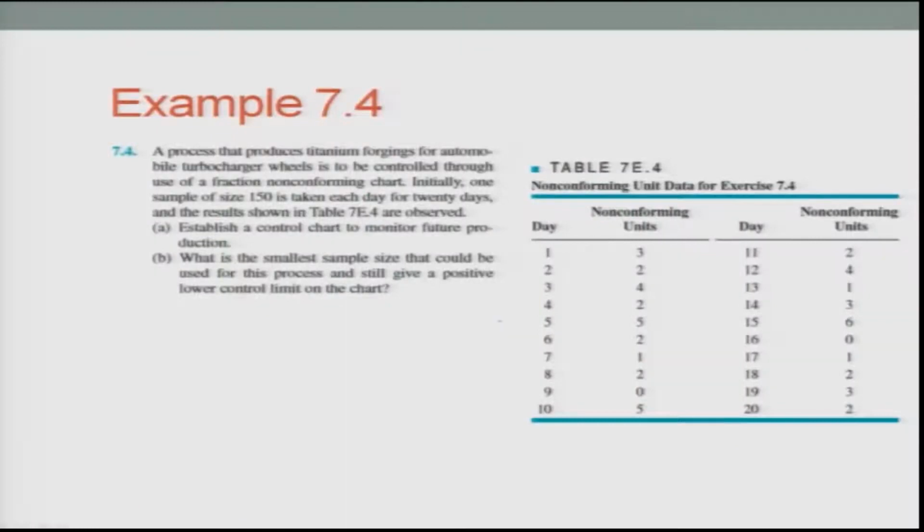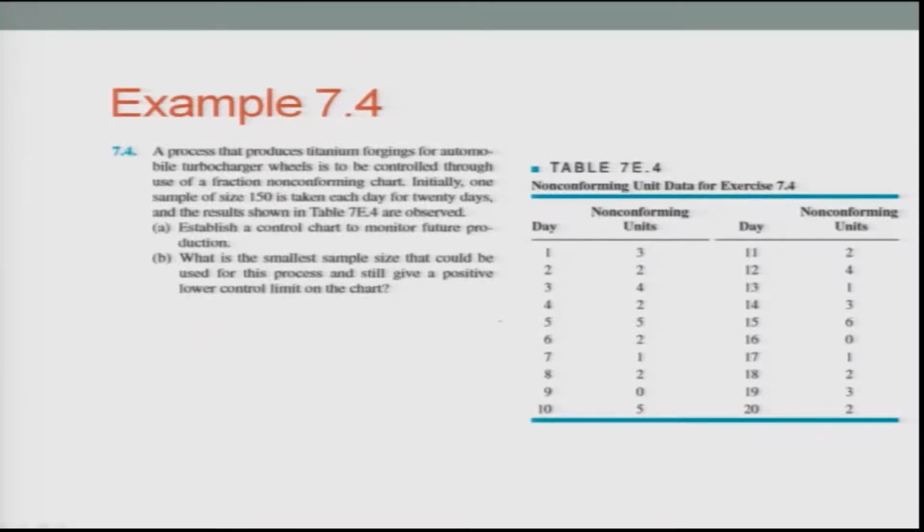So, here is a problem again from Montgomery. A process that produces titanium forgings for automobile turbocharger wheels is to be controlled through use of fraction non-conforming charts. Initially, one sample of size 150 is taken each day for 20 days. So, each day you continue taking it for 20 days, and the results are shown in the table, where I am pointing my palm.